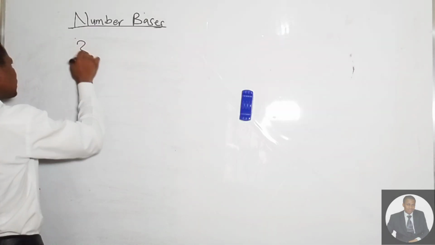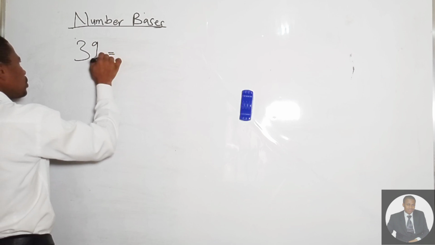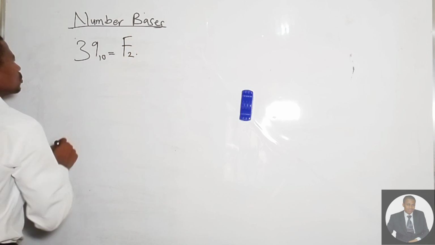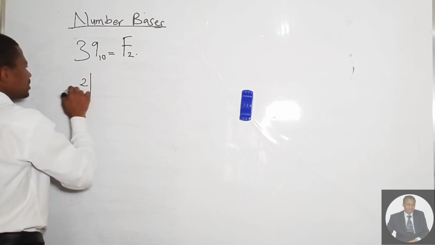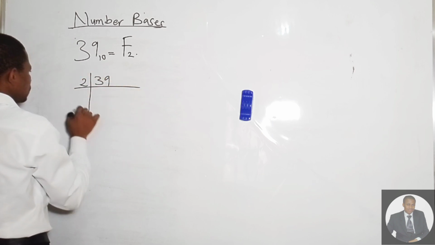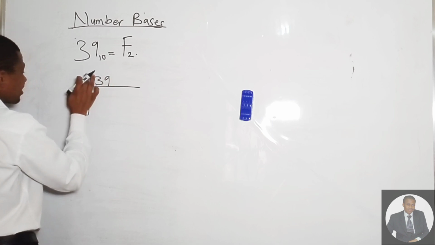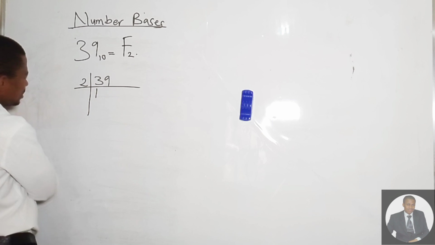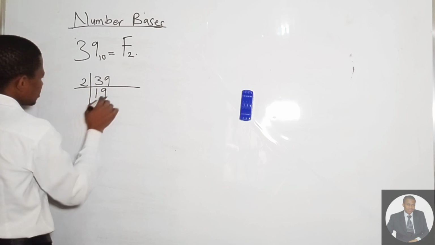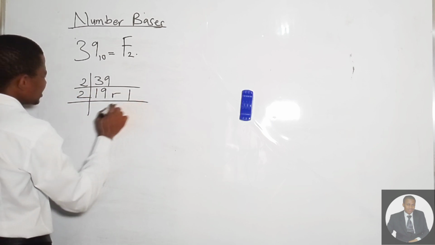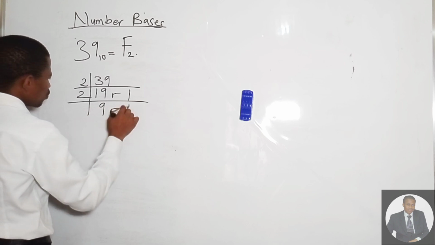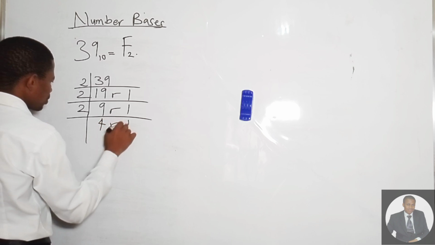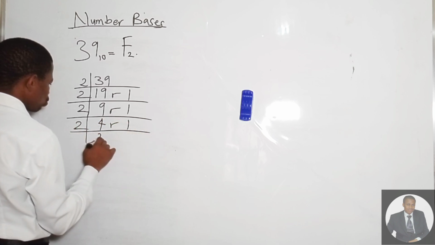39 base 10 equals f base 2. So what do we do? We divide 39 by 2. How many 2 is in 3? 1, remain 1. In 19, we have 9. That's 18, remain 1. How many 2 is in 9? We have 4. That's 8, remain 1. How many 2 is in 4? 2, remain 0.